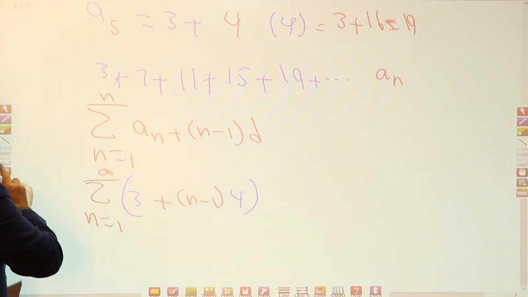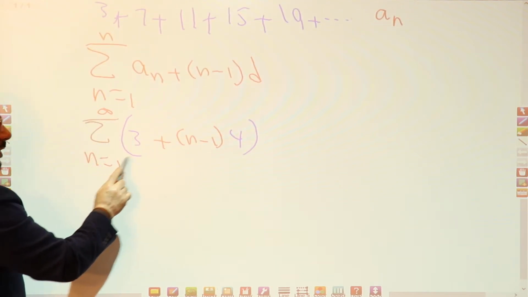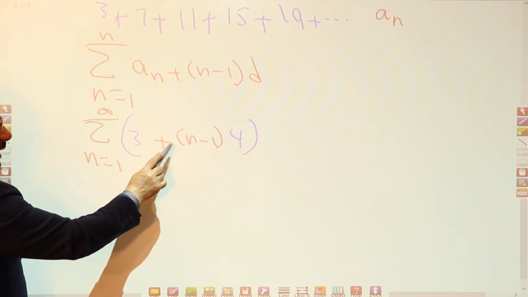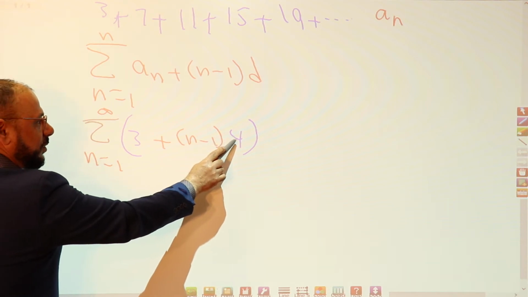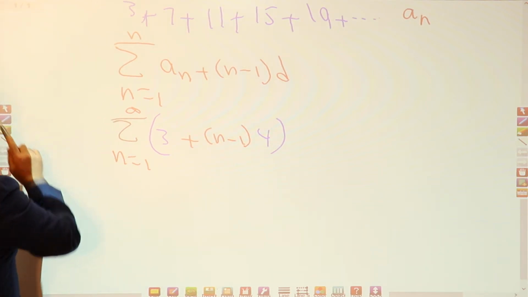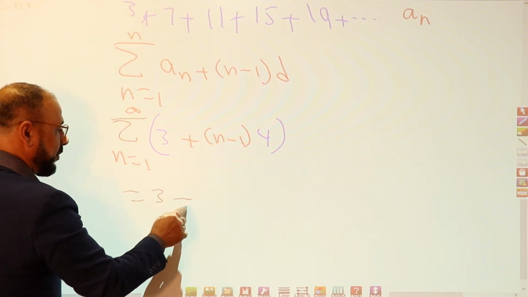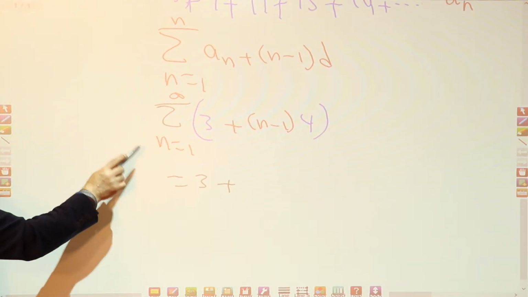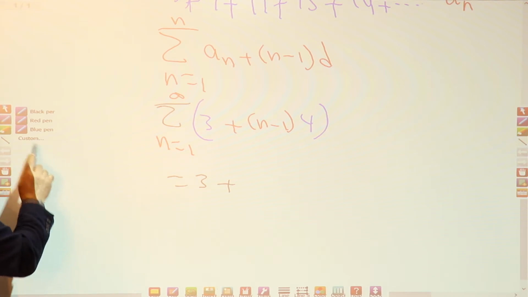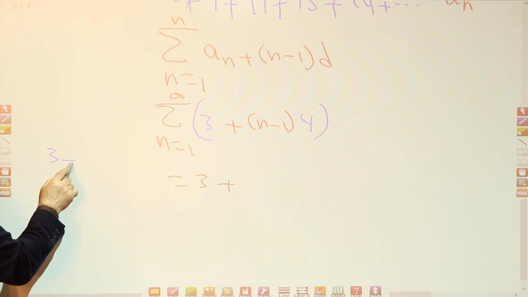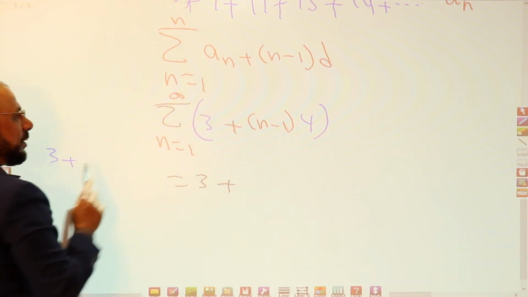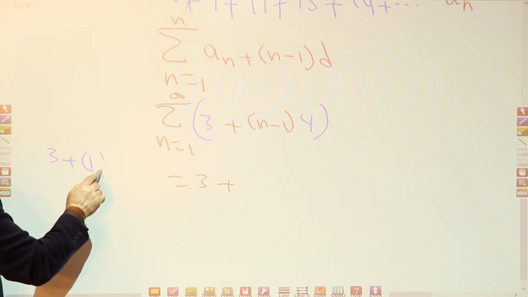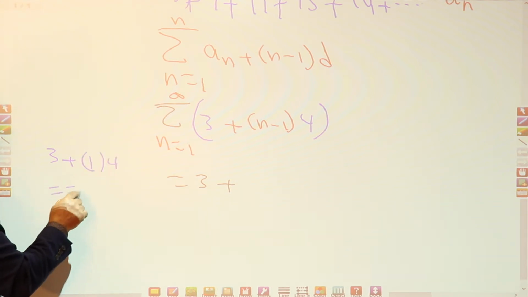If you're going to expand this one, you start from n equals 1. 1 minus 1 is 0, which gives you 3. Plus, when n equals 2, 2 minus 1 is 1 times 4, which gives 7.